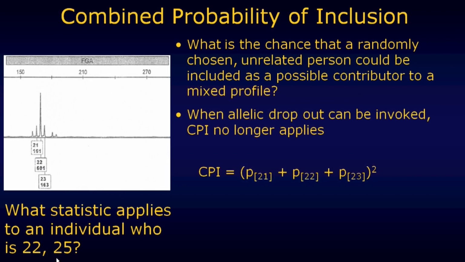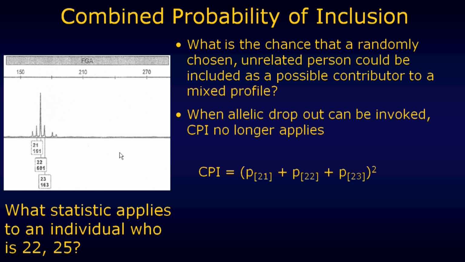So what do we do in a circumstance like this, where an individual has an allele that doesn't show up in an evidence sample? The CPI doesn't apply. It's certainly not going to help us get a statistical weight. It's not built up for that. There's no 25 in this formula. Instead, we simply should probably say that individual is excluded as a possible contributor and leave it at that. Okay?